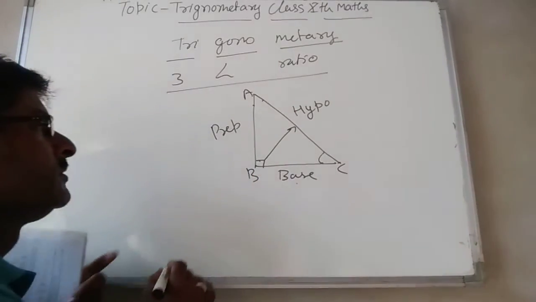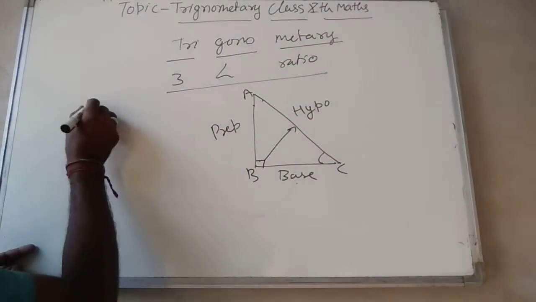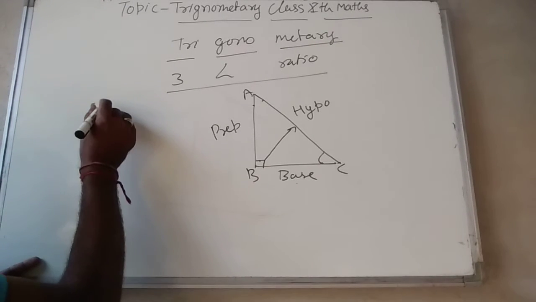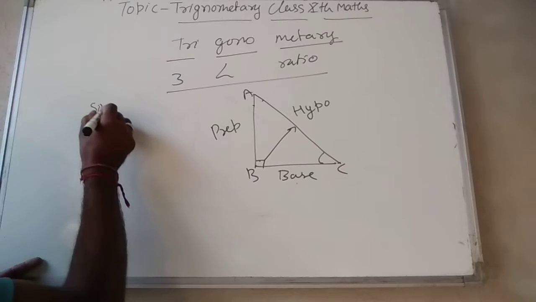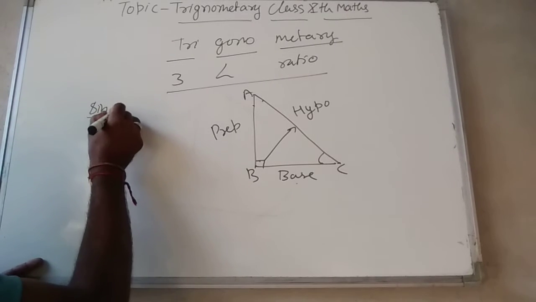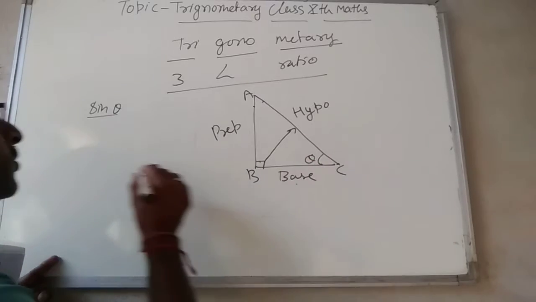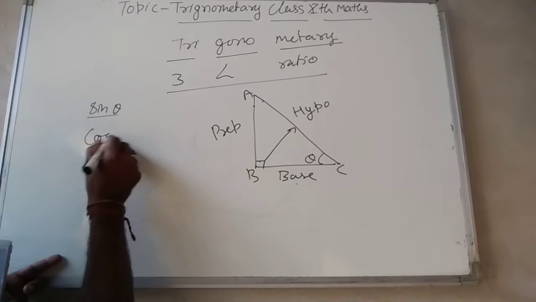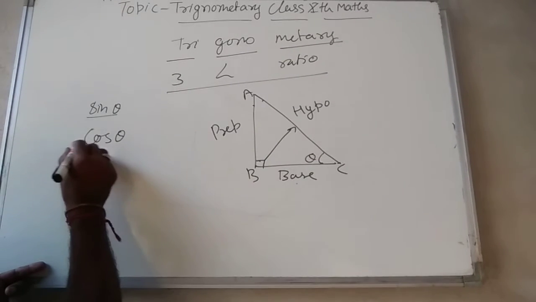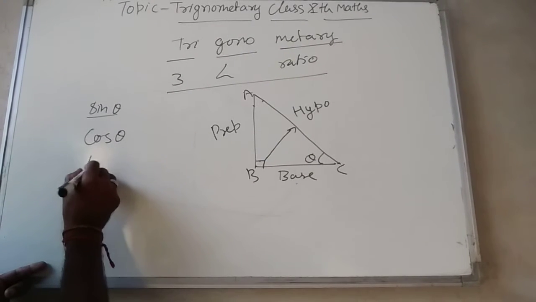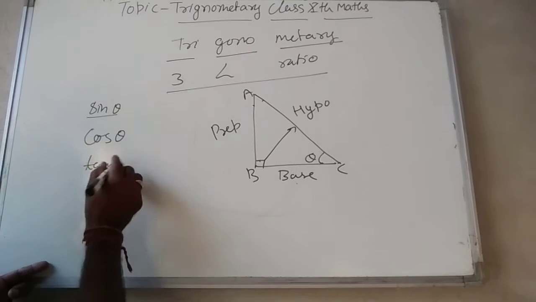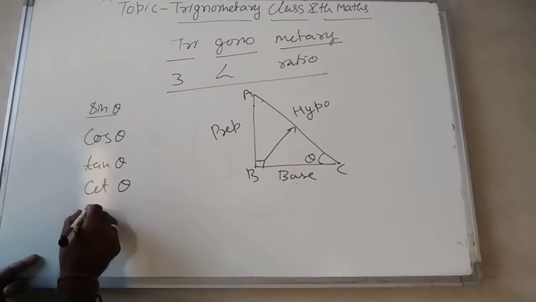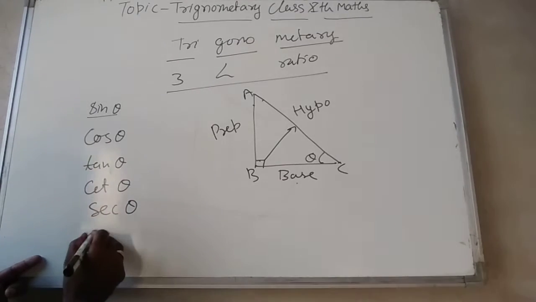There are 6 trigonometrical ratios. साइन, जिसका पूरा नाम SINE होता है, जिसको हम साइन पढ़ते हैं और लिखते हैं. साइन एंगल इज थीटा, सो दिस इज साइन थीटा. अदर ट्रिग्नोमेट्रिकल रेशियो कॉस थीटा, जिसको कोसाइन पढ़ते हैं. टेंजेंट थीटा, जिसको इन शॉर्ट वी राइट एज ए टैन. सिमिलरली कॉट थीटा, secant theta and cosecant theta.